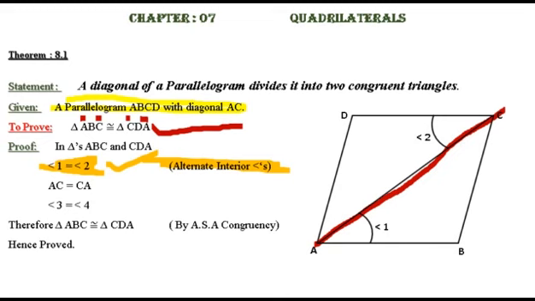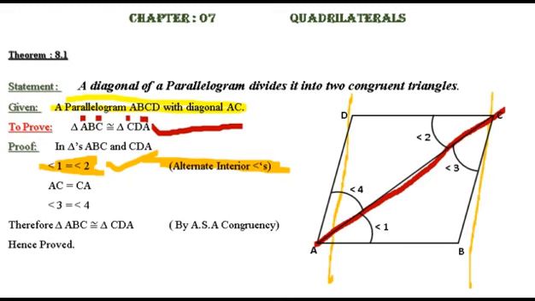Then the third component I have said is that angle 3 is equal to angle 4. Let's see where angle 3 is. This is angle 3 and this is angle 4. Now the question is, why are they equal to each other? Because if you look at side AD and if you look at side CB, these are parallel sides. Again, the diagonal AC is acting as a transversal.